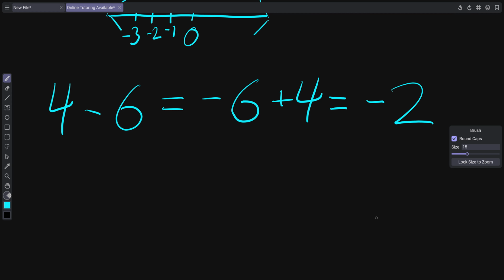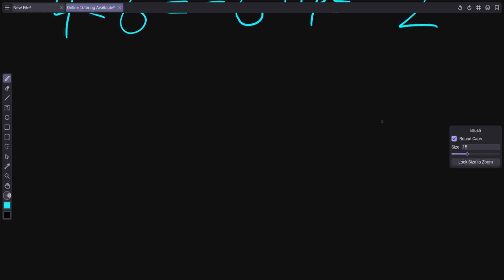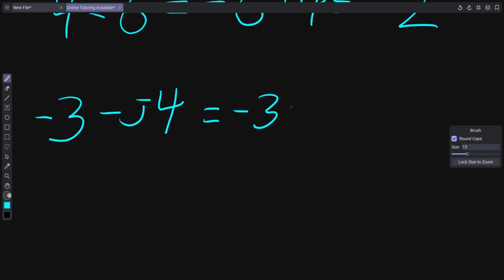I'm just going to give you a couple more examples. Let's say we had something like negative 3 minus negative 4. Well, these two negatives will combine. It's going to create negative 3 plus 4, and this can be rewritten as 4 minus 3, and this is just going to give you 1.